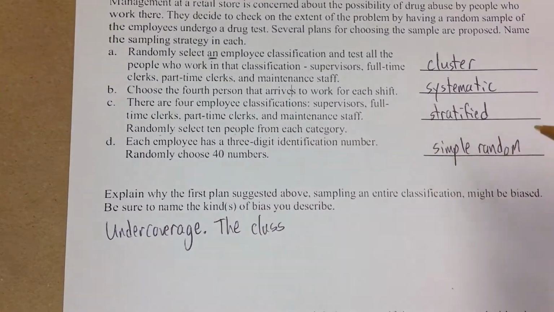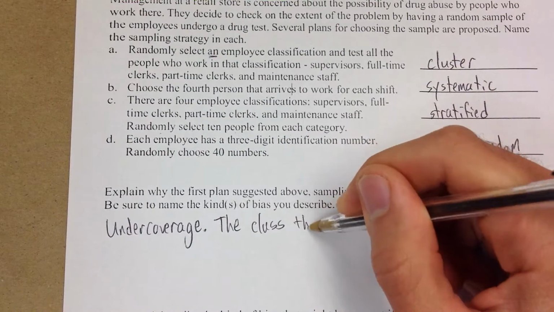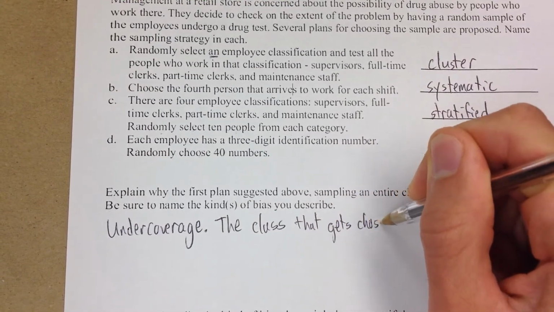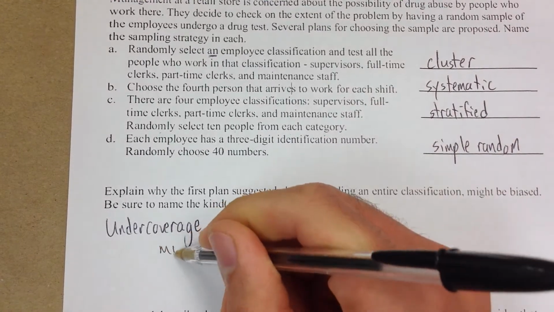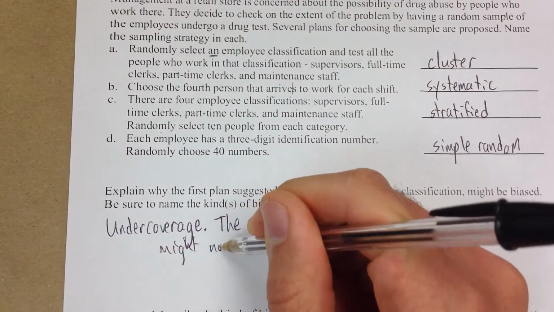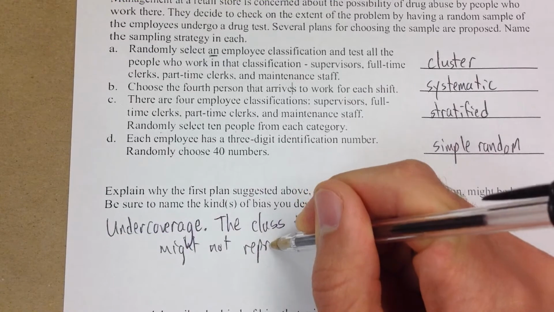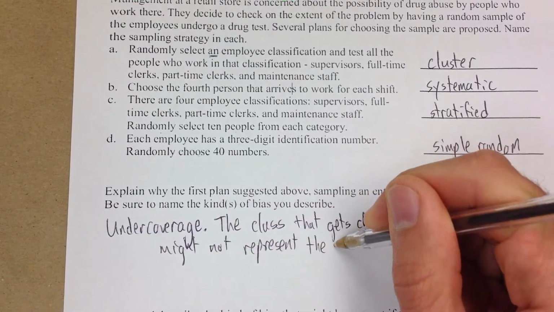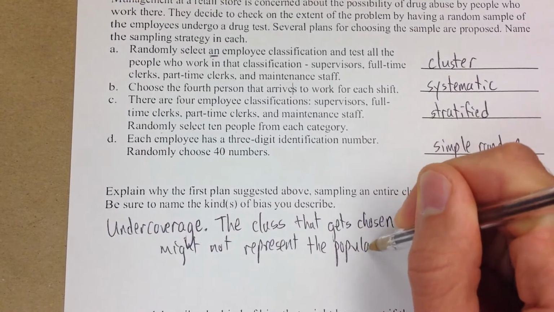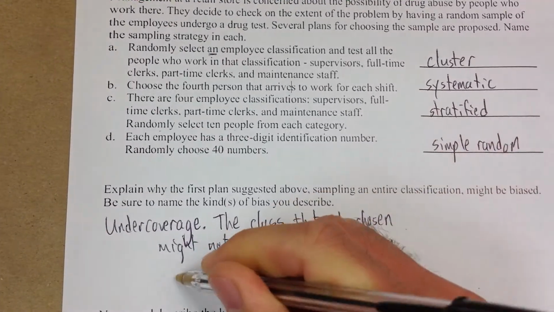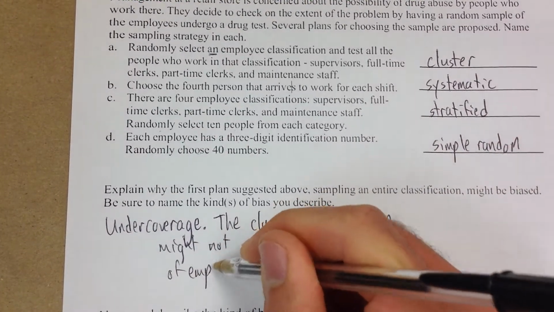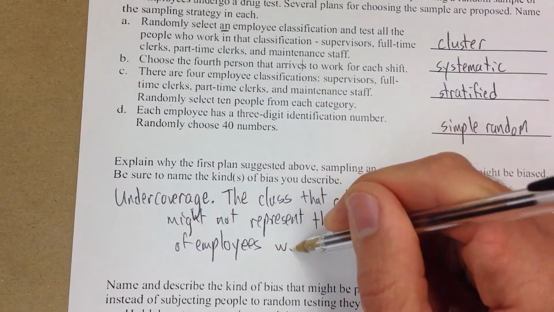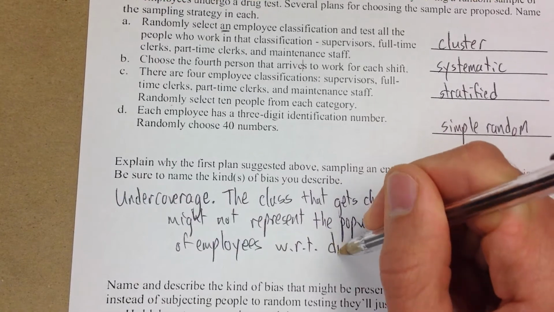So I'm basically just paraphrasing what Annika said. The class that gets chosen might not represent the population of employees with respect to drug abuse.